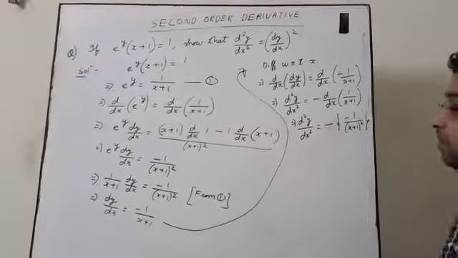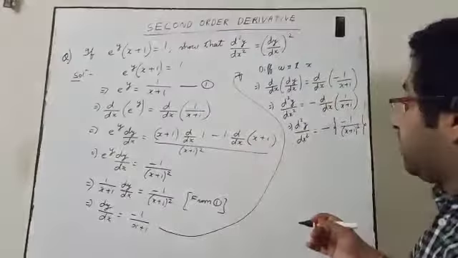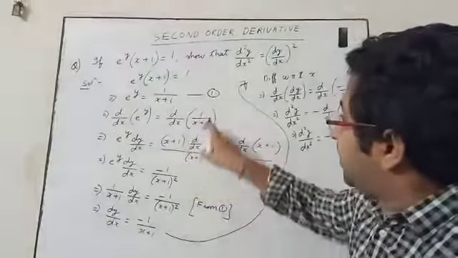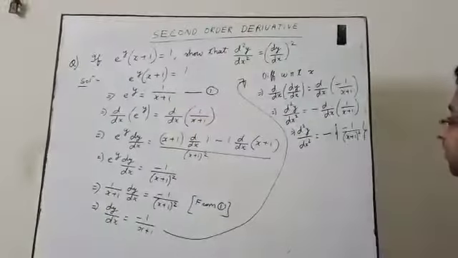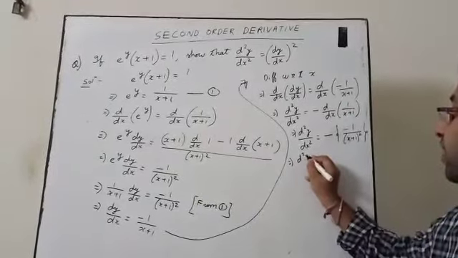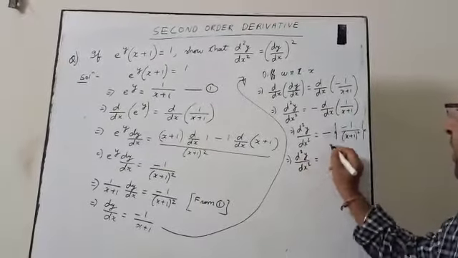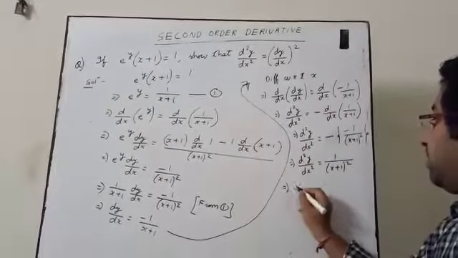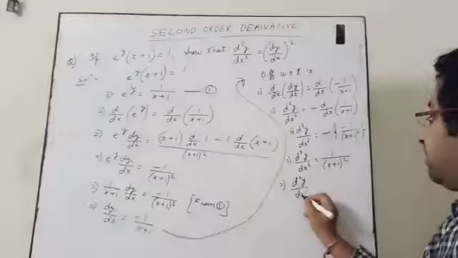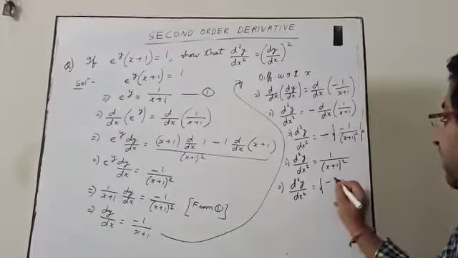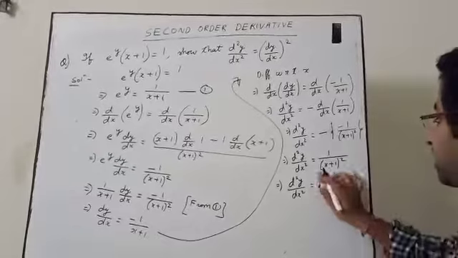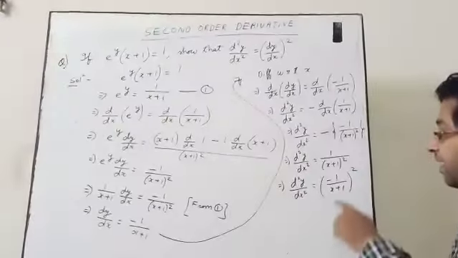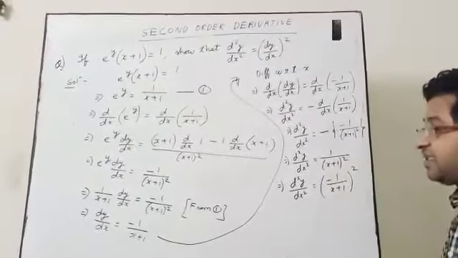So d2y by dx square will be minus minus plus, so 1 by (x plus 1) whole square. Can I write this as minus 1 by (x plus 1) whole thing square? Minus square means plus.